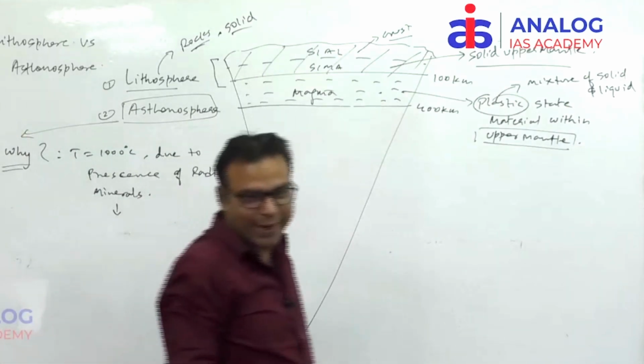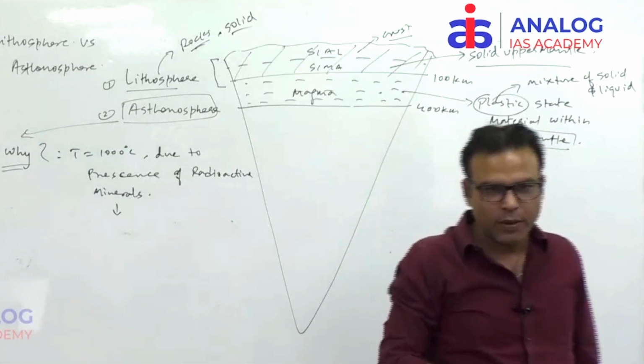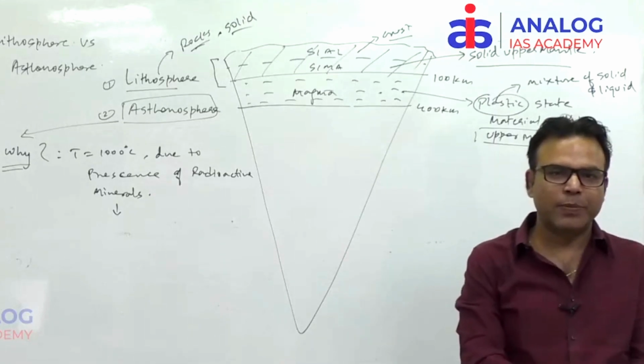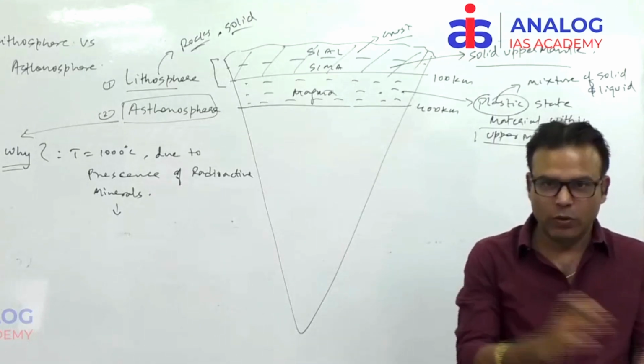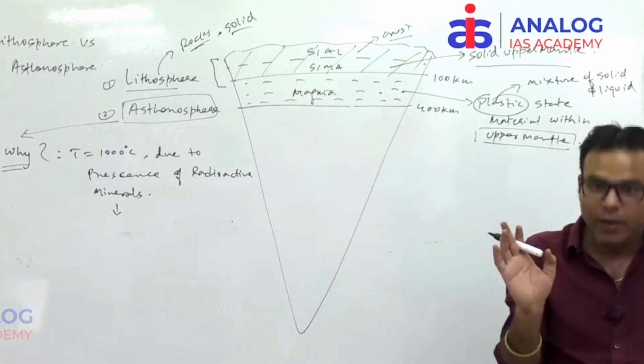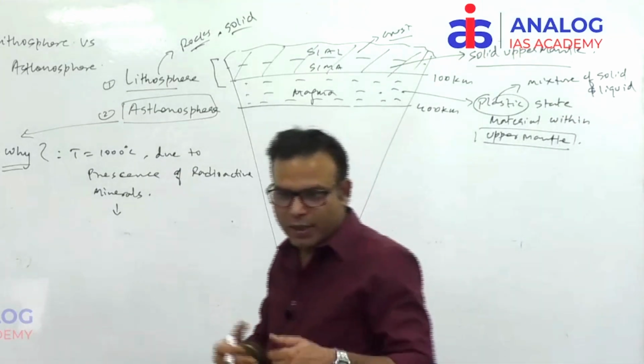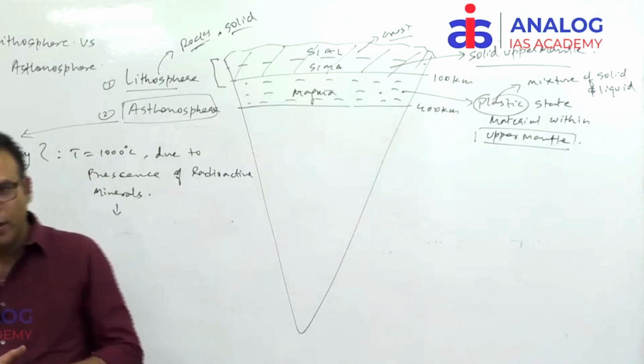The asthenosphere has a high concentration of heavy nuclei, which are the most radioactive substances. You know the periodic table. The heavier the nucleus, the more unstable it becomes.